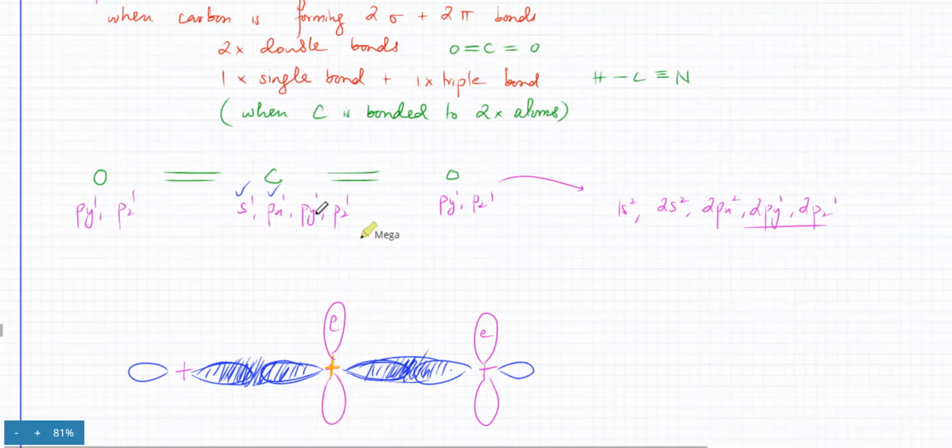The overlapping would happen above and below the sigma bond that's already formed. So the electron density would be maximum in this middle part and lesser on the sides. Is this clear?